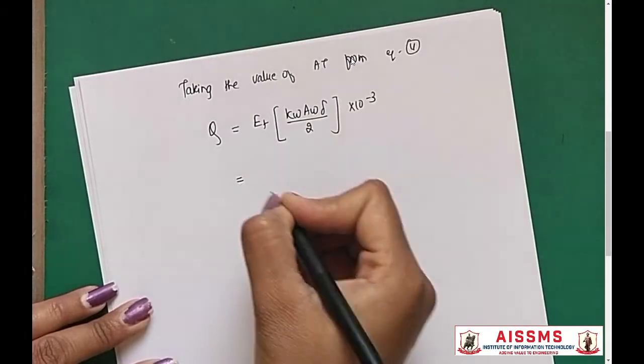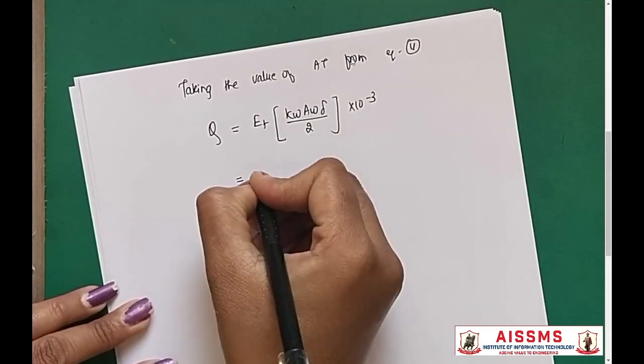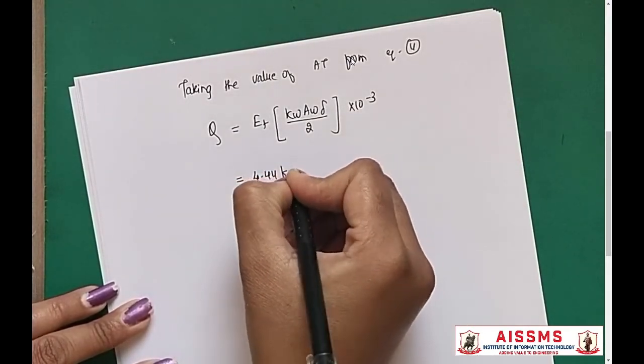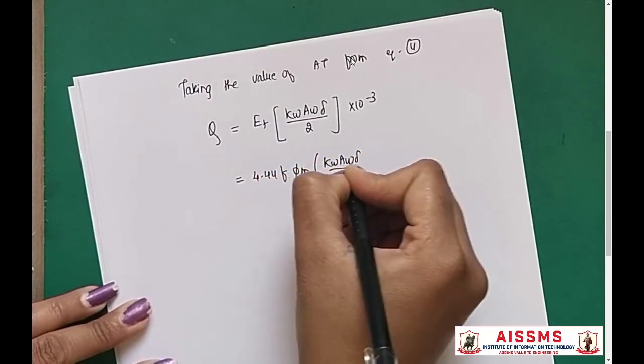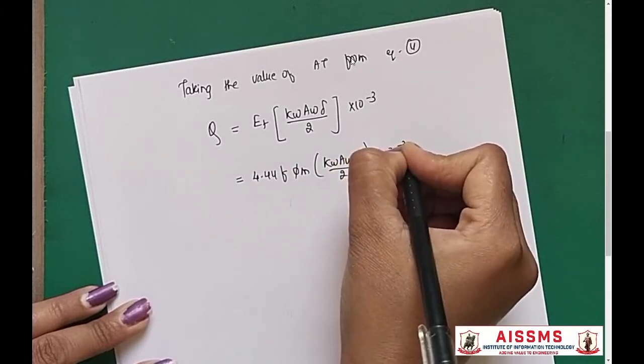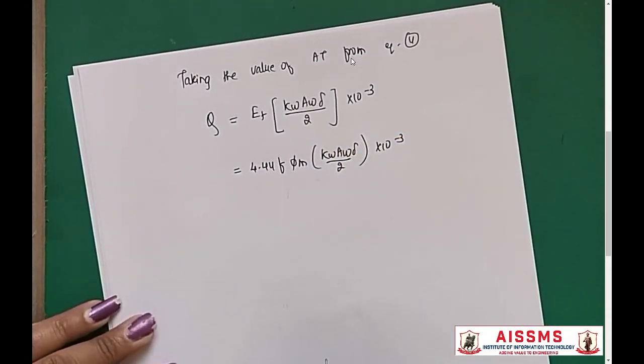We already know Et is nothing but 4.44 f phi m. So this is now just a rearrangement of the terms: 4.44 f phi m Kw Aw delta upon 2 into 10 raised to power minus 3.